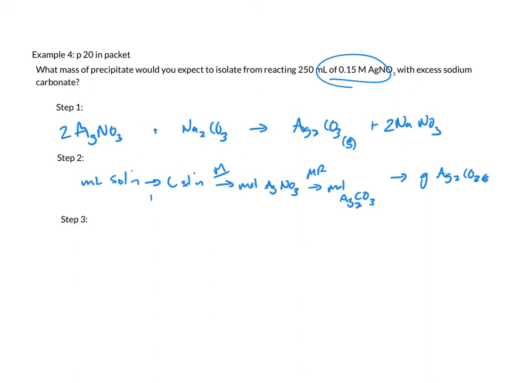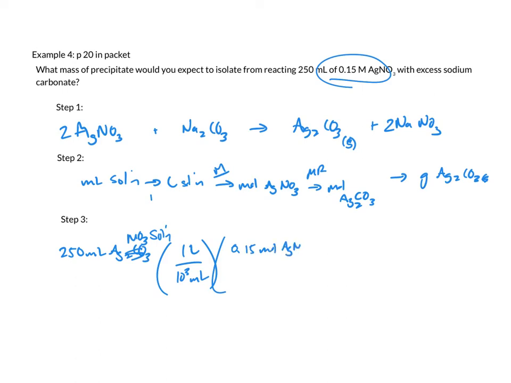When we fill that in terms of dimensional analysis, we end up starting at 250 milliliters of silver nitrate solution. Right, and then 1 liter is 10 to the third milliliters, and then 0.15 moles per liter.